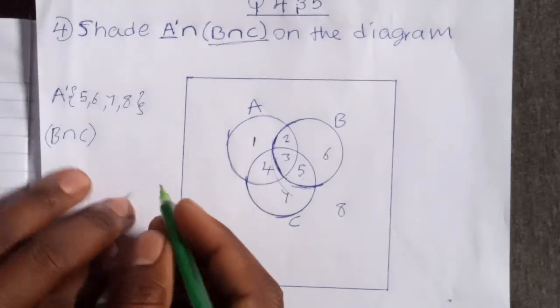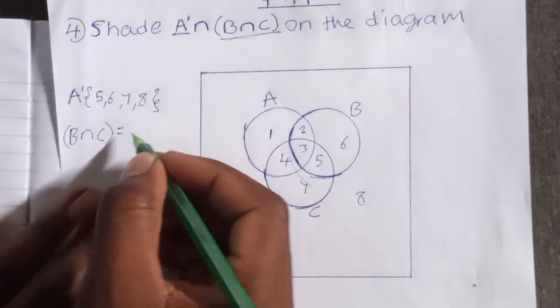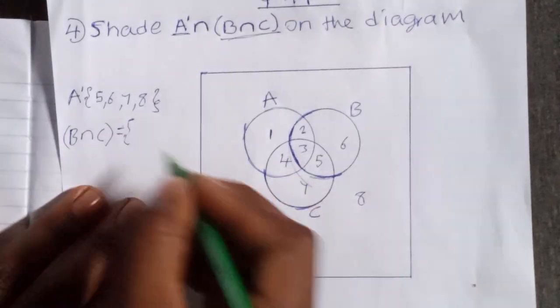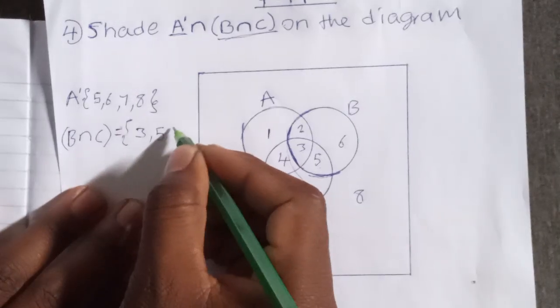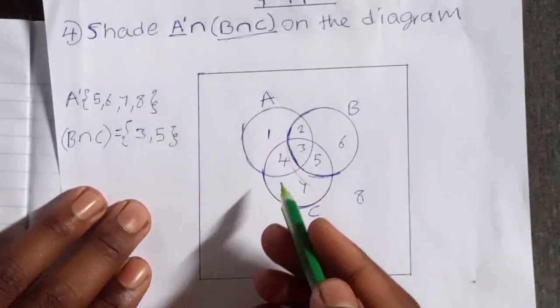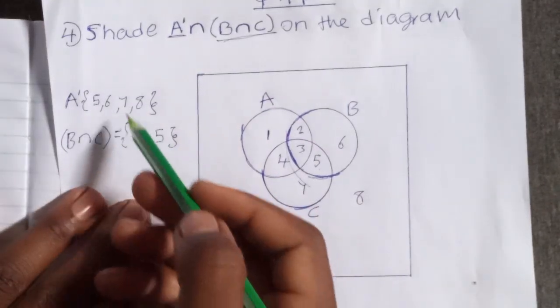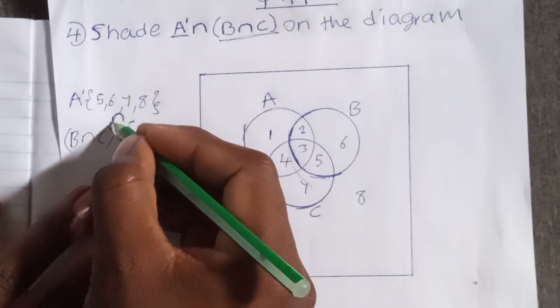So we say it is equal to, open the brackets, 3 and 5. Remember that there is a sign here, which is intersection. So between these two there is an intersection.